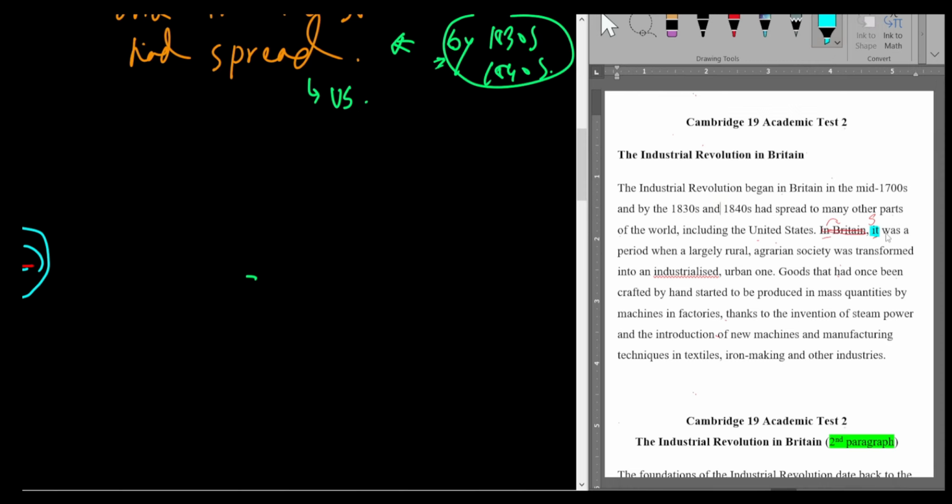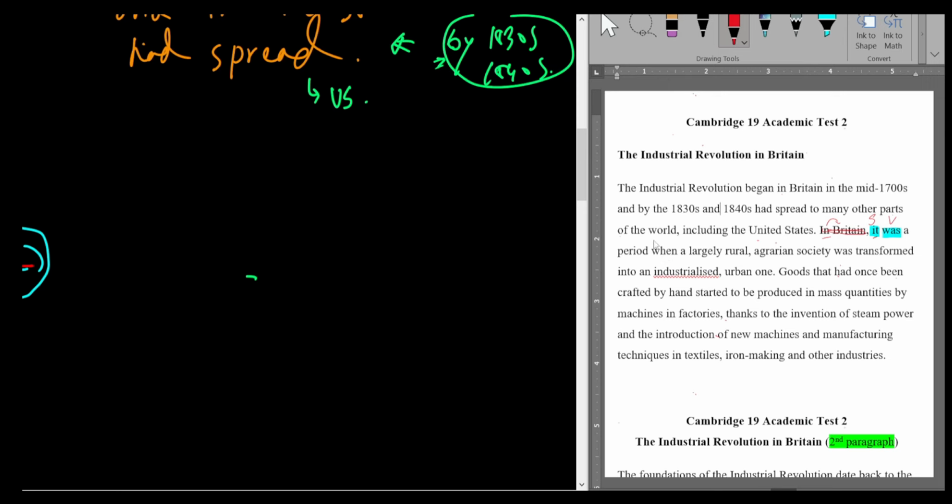And we can see a verb just after it: "was". "Was" is a be verb. So we can consider it as the verb of the subject "it". So it was a period. Then after that, we are getting a relative pronoun, "when", right?